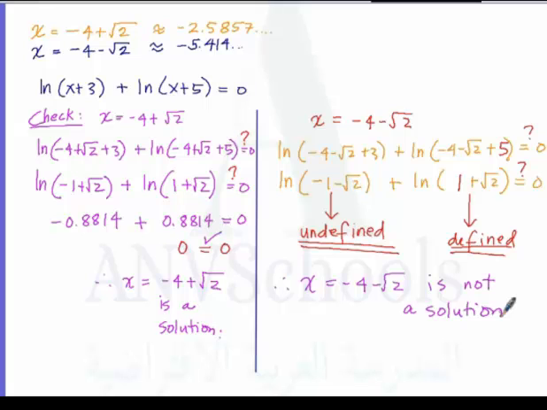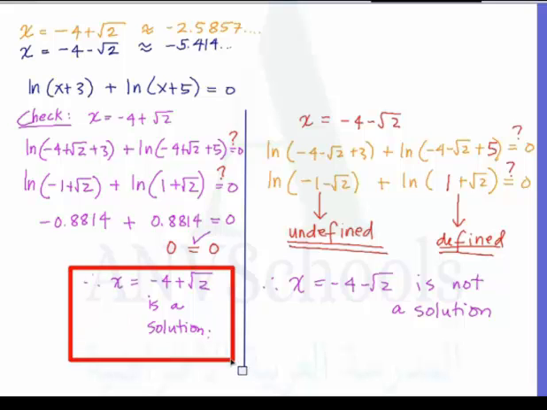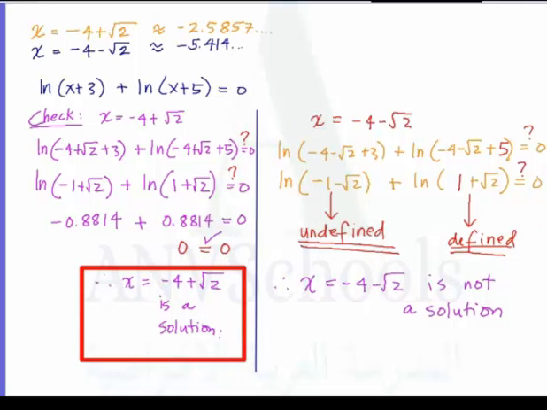So it couldn't be taken as a solution of the given equation. Therefore, the only solution that we have is this one, and this one couldn't be taken as a solution. Therefore, this is null.